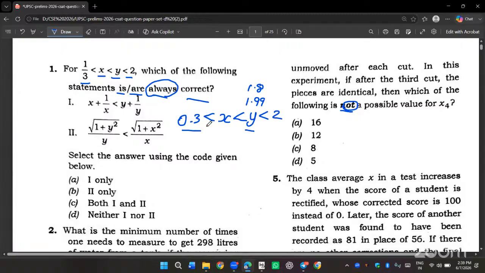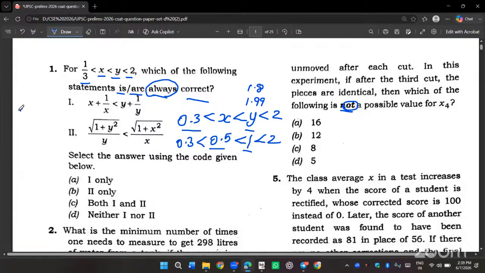Correct? So I first tell you in layman's language, so you understand. After that, we will go on. I assume that x's value is 0.5 because it is more than 0.3. Then I take y as 1, which is less than 2. Like that, we can take a hypothetical number, substitute it, and check it.